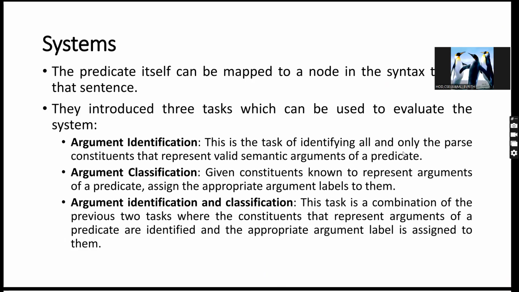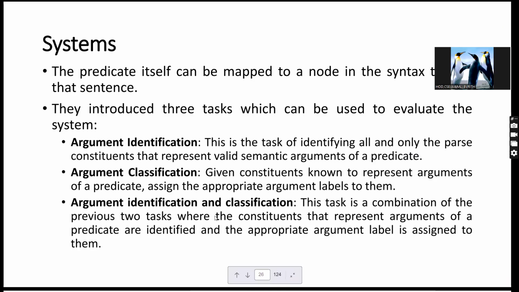Then only we divide the sentence into the different arguments. Next is argument classification. That is, each and every word of a sentence belongs to a particular argument, so we make a classification of our words into the specified arguments.